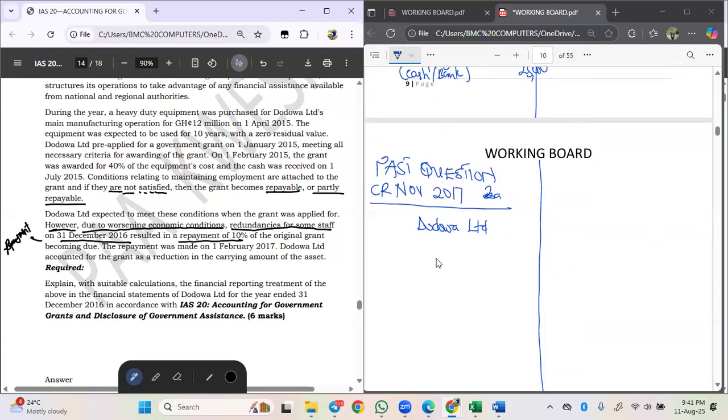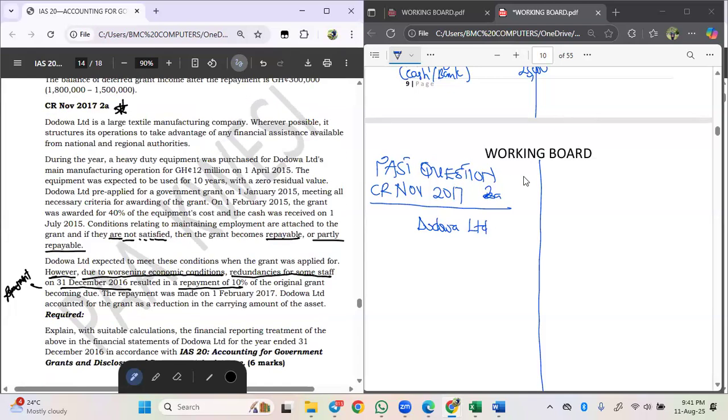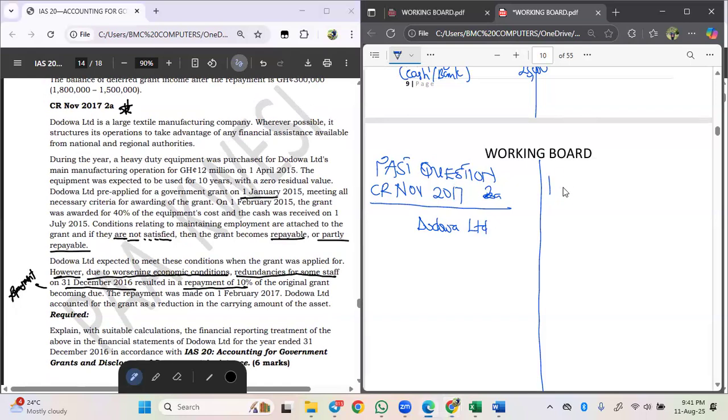So let's look at the dates. They are just trying to confuse you. So on 1st January 2015, what happened? They pre-applied for the grant. Have you seen it? Pre-applied. Yes. Now, 1st February 2015, they met all conditions.